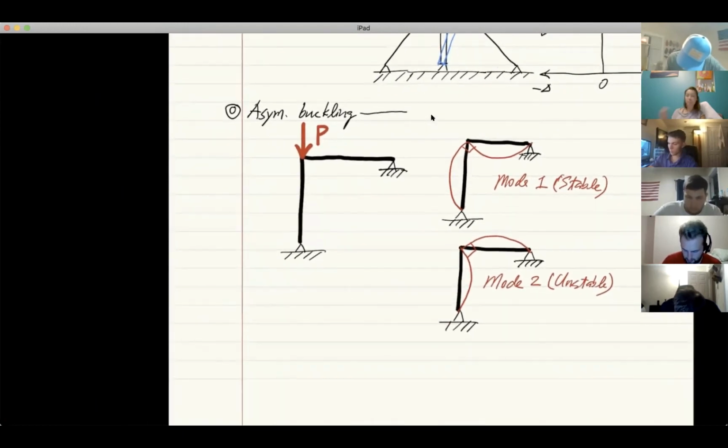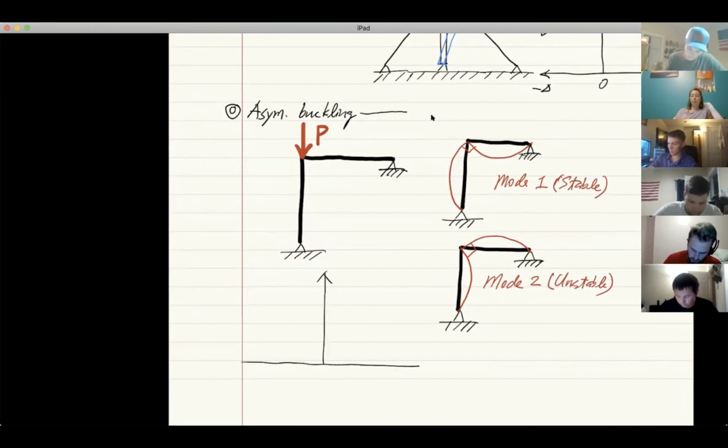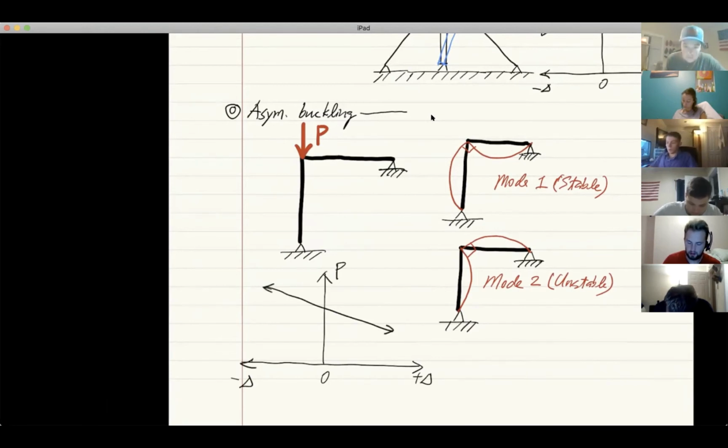For this kind of structures, the load deflection curve will look like this. Be here. It looks like this. On the right, this is mode 2. On the left is mode 1.